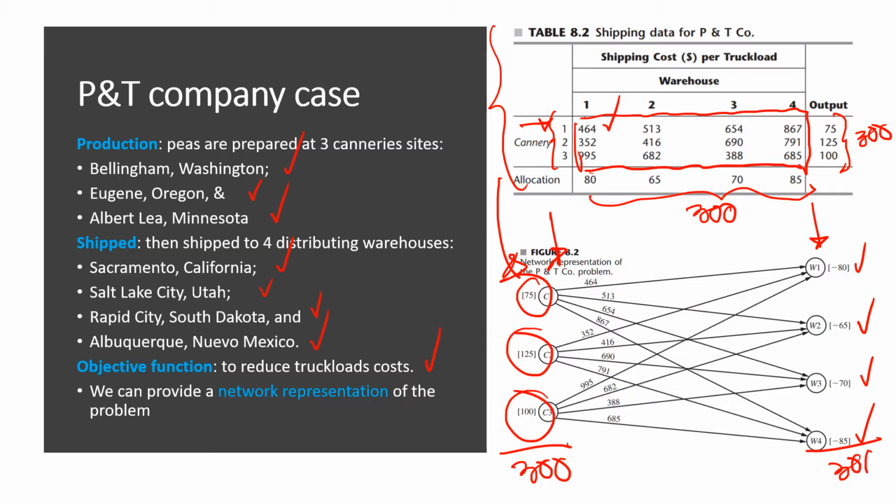So we also have the 300. That means it's balanced. These are negative because if we add them, we're going to get 0, and that means it's balanced. And on each edge between the cannery and the warehouse, we're going to put the information regarding the unit cost.